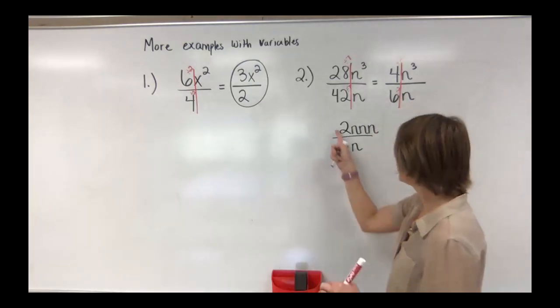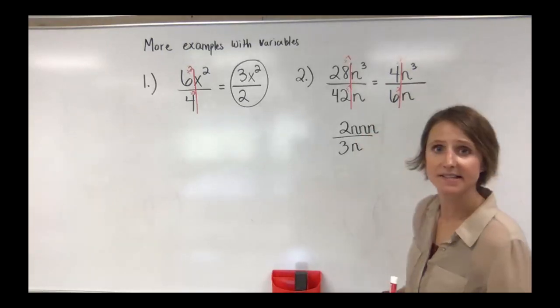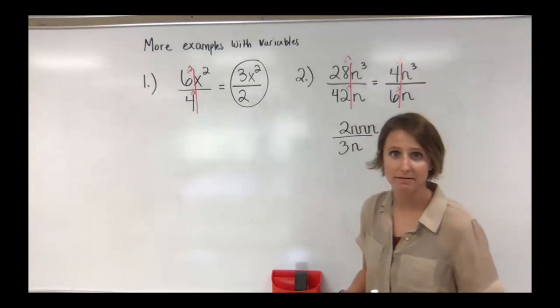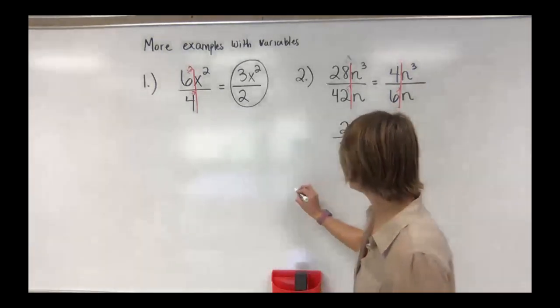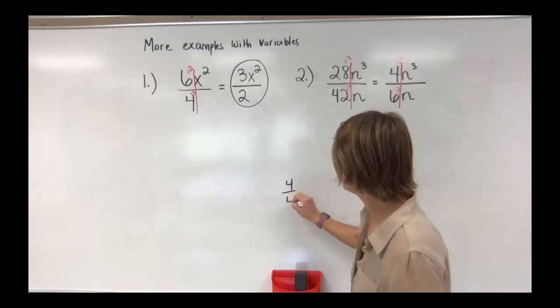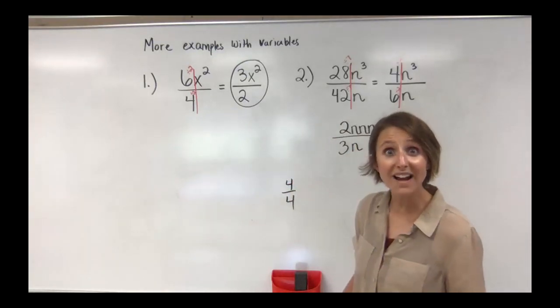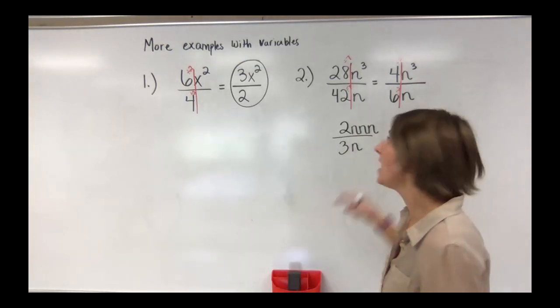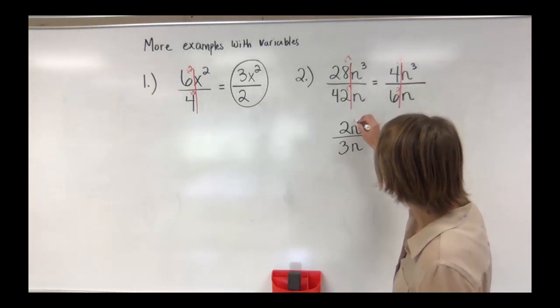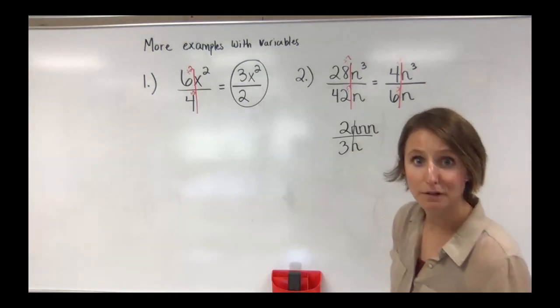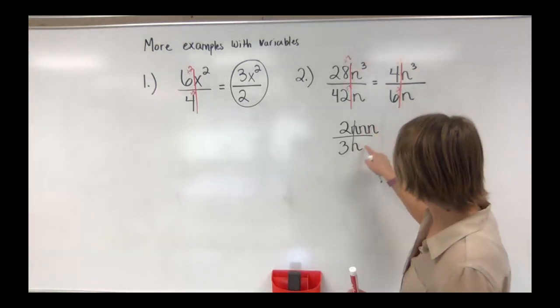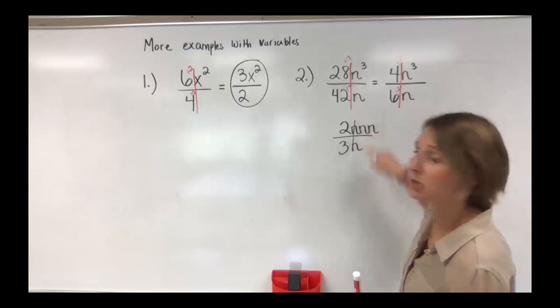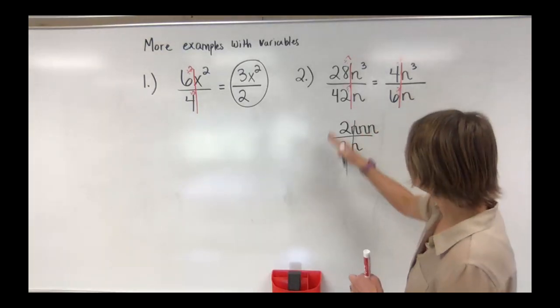So those two values are simplified, but my n's, n divided by n, it's like when you have 4 divided by 4, what does that give you? 1, the factor 1. We want to find those factors of 1 when we're doing this. So n divided by n just gives me 1, factor of 1. I don't have any other n's on the bottom to cancel the top n's out with, so it just stays as is.